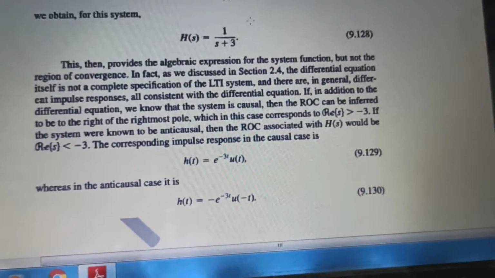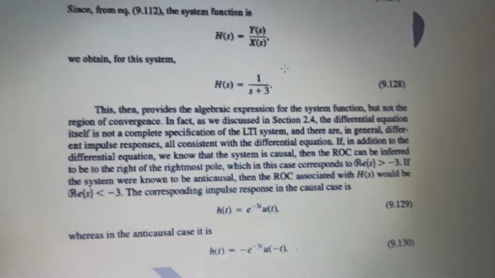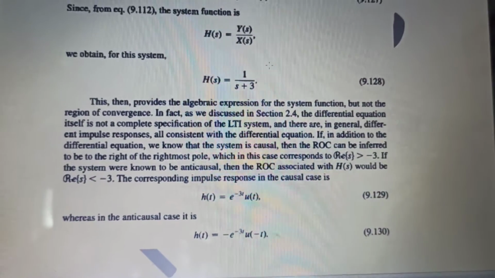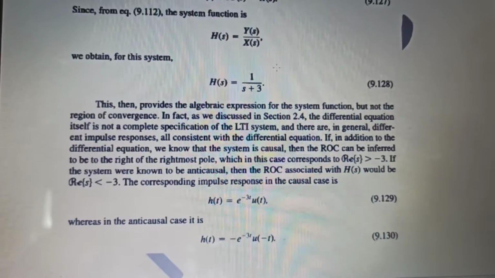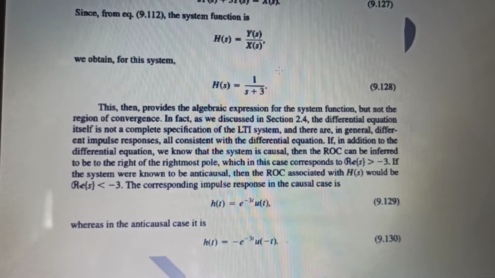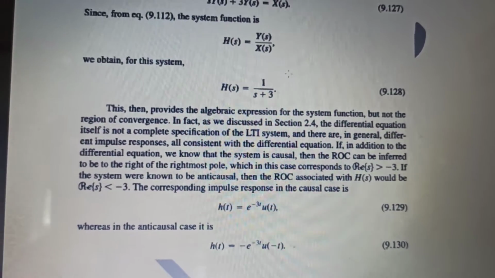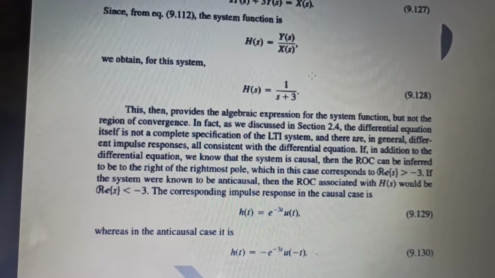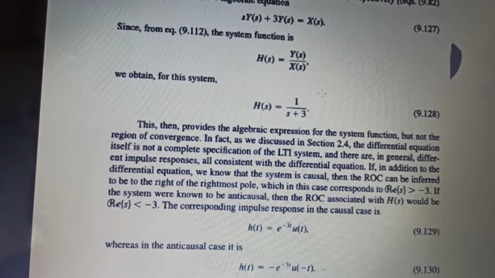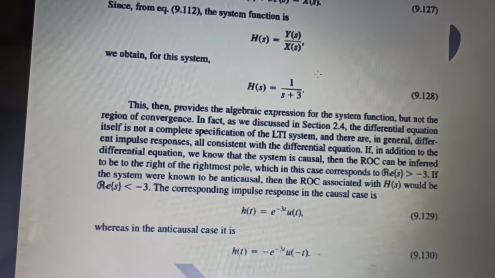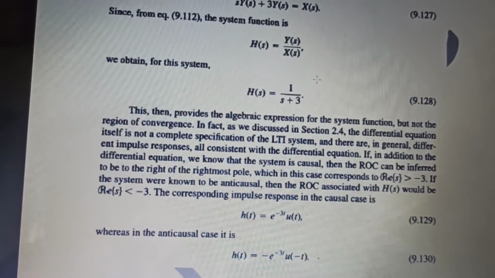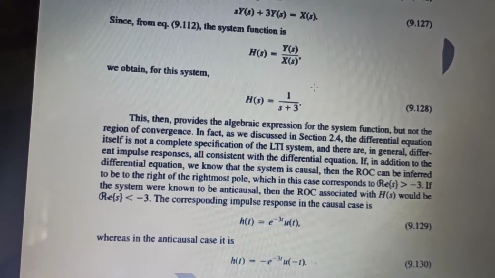But the region of convergence is not mentioned. Okay. Now, I had already discussed that a differential equation merely can't relate an input and output.